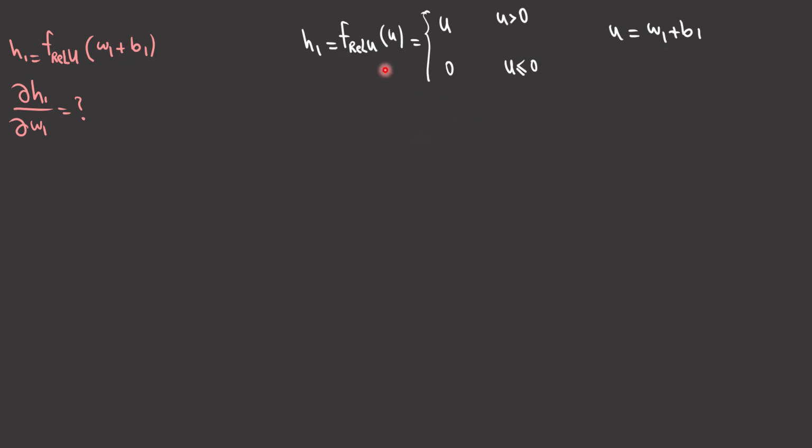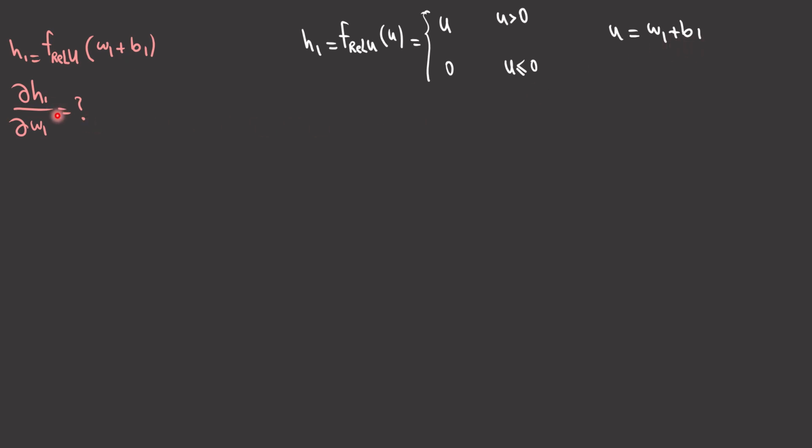And as you know, this function is the ReLU activation function, and the ReLU activation function takes something, and if that something is positive, then it's going to return that in the output. But if the input is negative or 0, then it's going to return 0. So we basically said that h1 is a function of something, and that something is w1 plus b1.